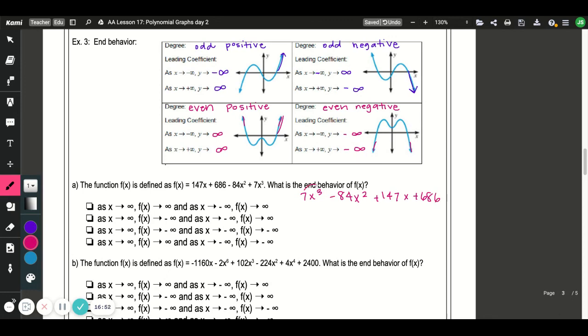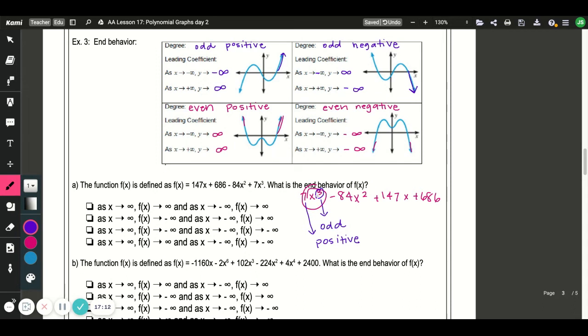All I care about is the first term. The degree is odd. So not the coefficient, the degree is odd. The coefficient is positive.